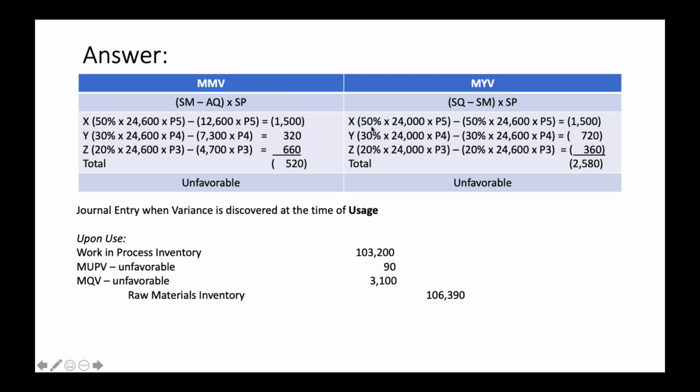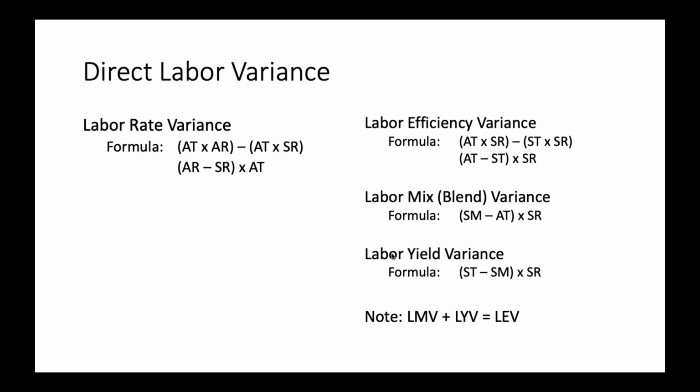So you just get the product of all these three raw materials, you will arrive at 103,200. Again, we debit our work in process on the standard quantity at standard price. Okay, that's it for materials. We now go to labor.